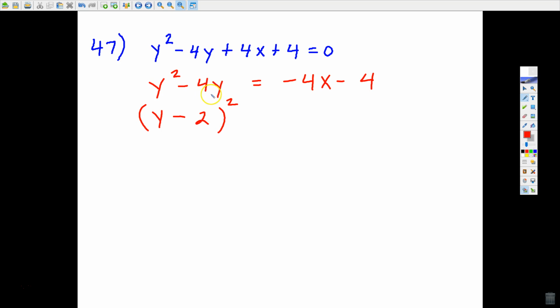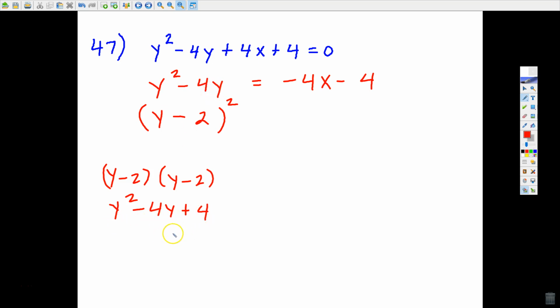And then what's the last term going to be? The constant. Do you see where I'm going? Do you want to write it down twice and use FOIL? You don't have to write this. I'm just trying to get you to see why the next step is necessary. Y minus 2 squared means this. When I use FOIL, I get that. Well, what's the difference between y squared minus 4y and this?